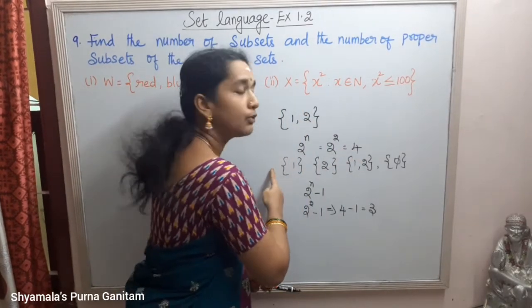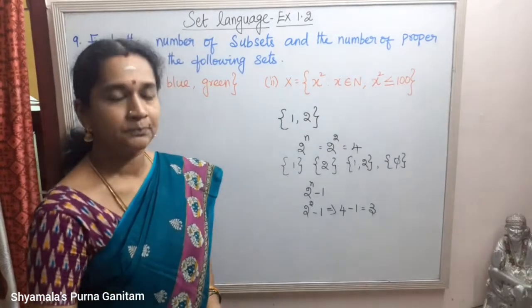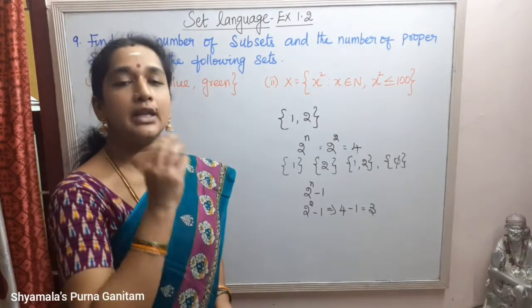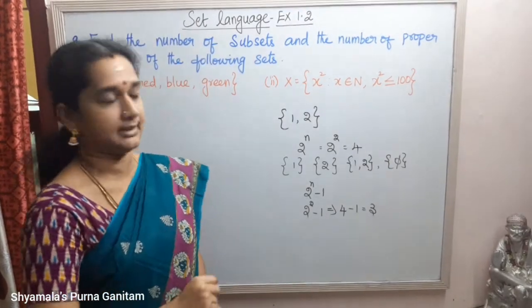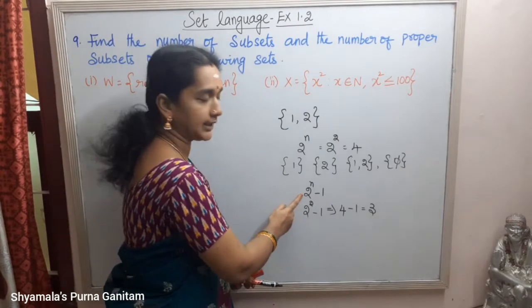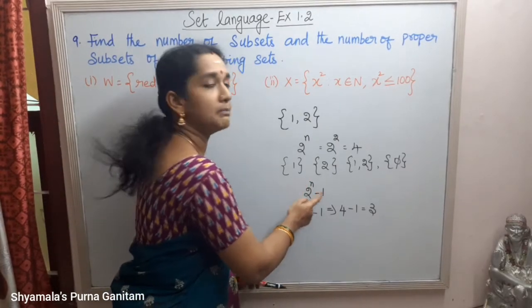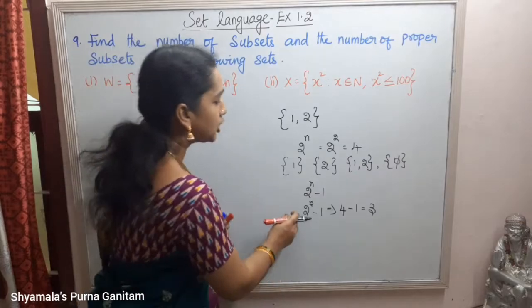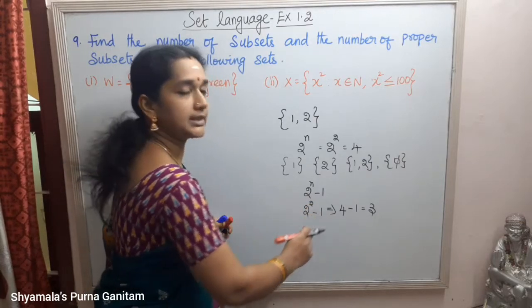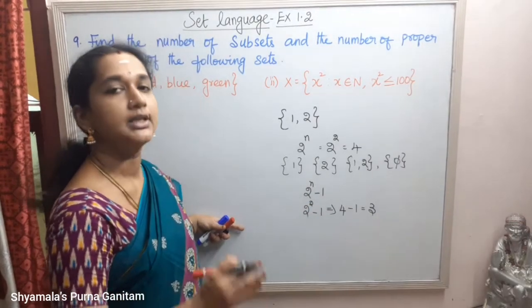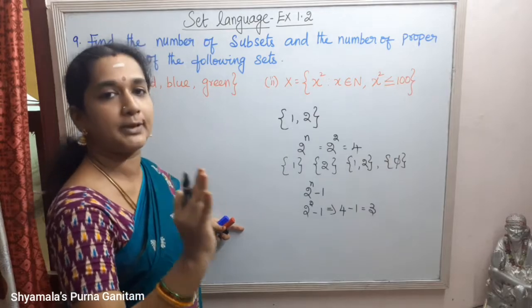So you will get 4 subsets. If you are asked to find the number of proper subsets, the formula for that is 2 power n minus 1. That means 2 power 2 minus 1, that is equal to 4 minus 1. You will get 3 proper subsets for that.